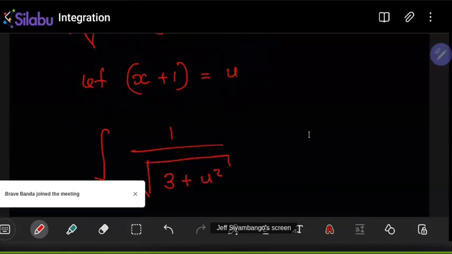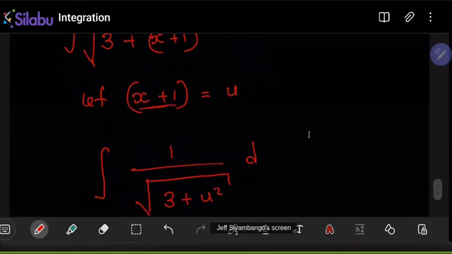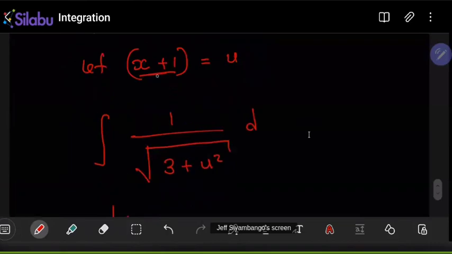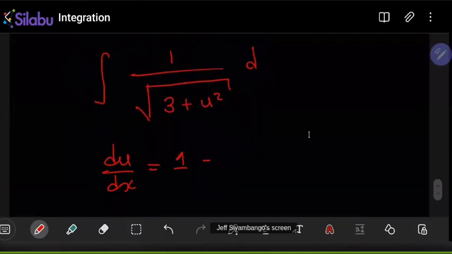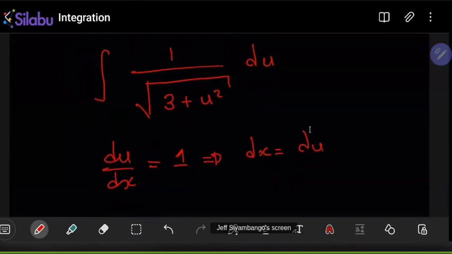And then, if this is u, we need to get what du/dx is, so you differentiate this. Of course, this would just be equal to 1, and this would imply that dx would just be equal to du. So where there's dx here, I'll put du. So this is where we are now.